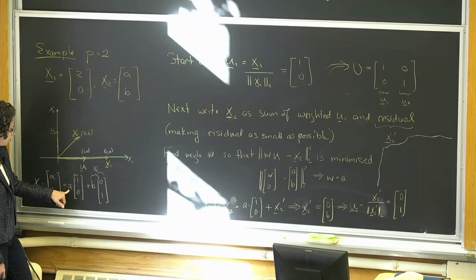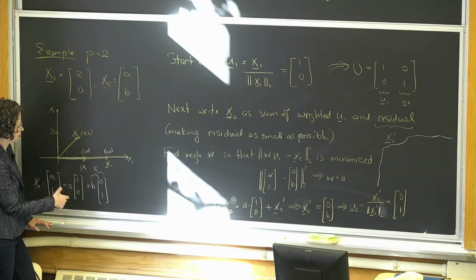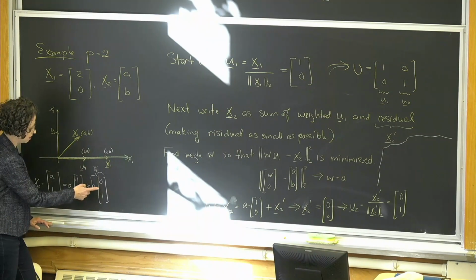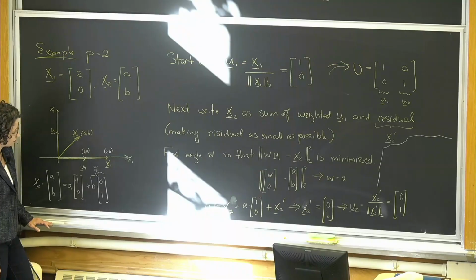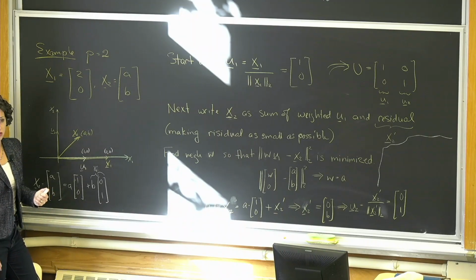And so that leads me to this weight a. And then I know that everything that's left in x2 that I haven't already captured with u1 is going to be b times this 0, 1 vector. Does that get at your question? Okay, great. Any other questions?